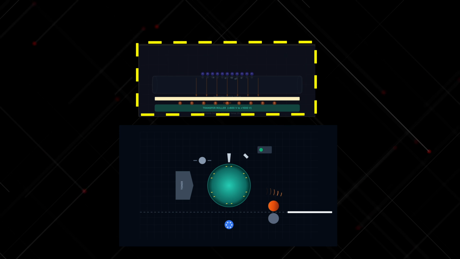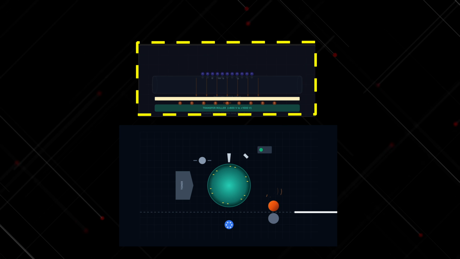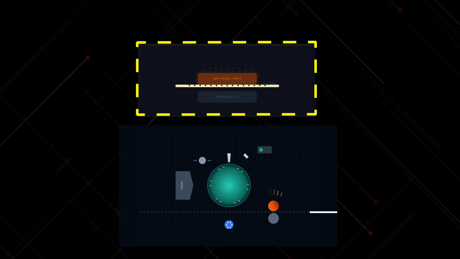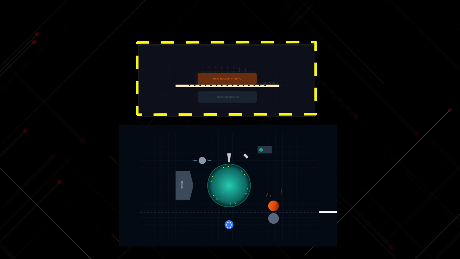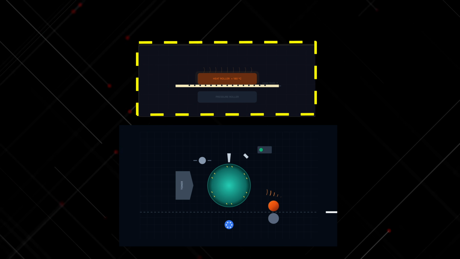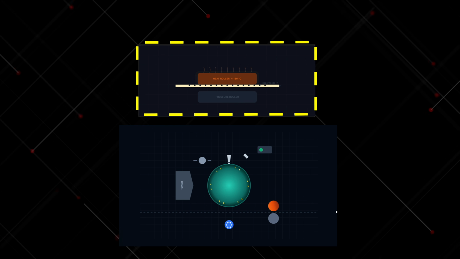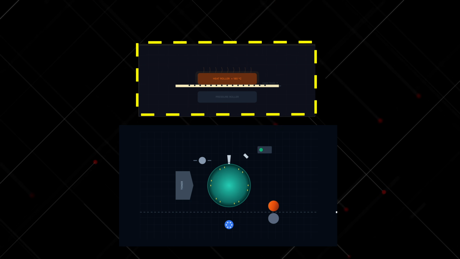And in this way, these toner particles are coming on the paper. So finally, the paper is passed through the heated roller, and in this way, the toner is melted and it gets permanently fused in the paper fiber. And in this way, the print gets formed on the paper.